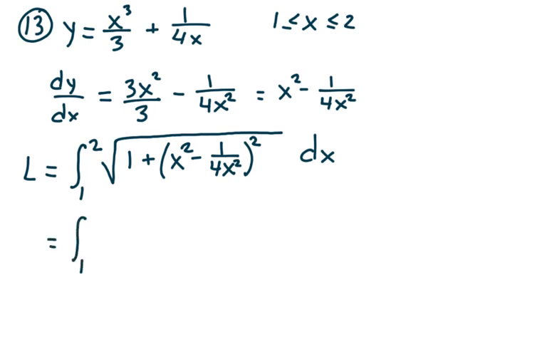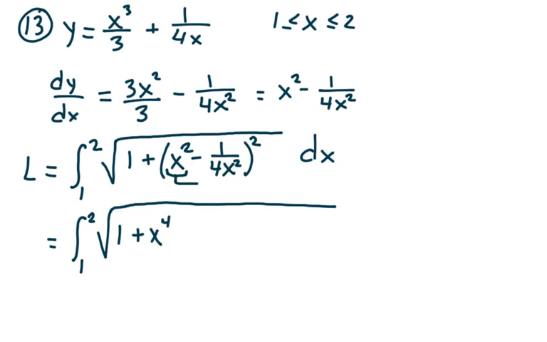And so this is the integral from 1 to 2 of the square root of. Now I'm going to get 1 plus. Now if I take x squared and square it, I get x to the 4th. If I take x squared times negative 1 over 4x squared, I get minus 1/4, but I have to double it. And I'm going to get minus 1/2.